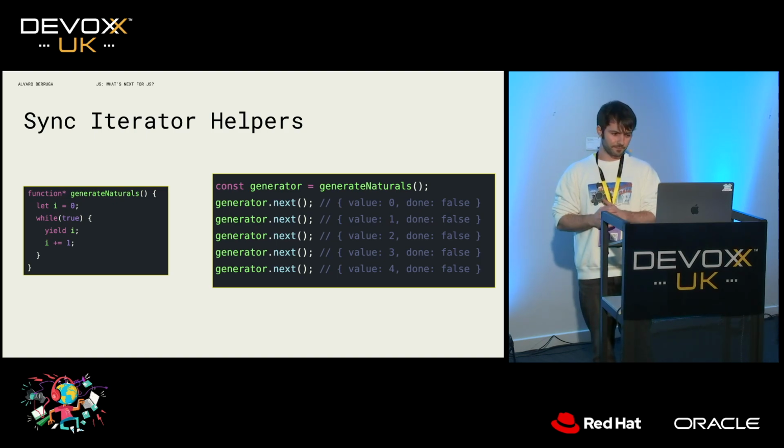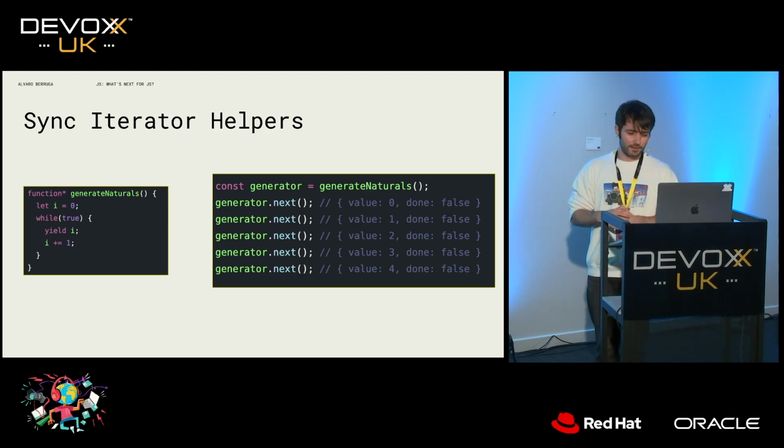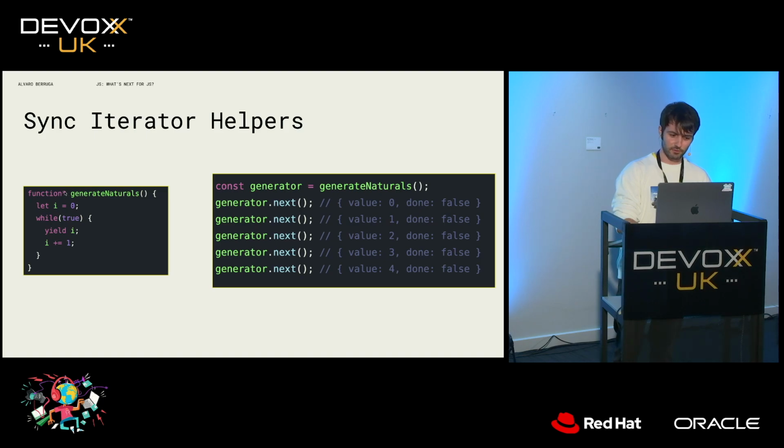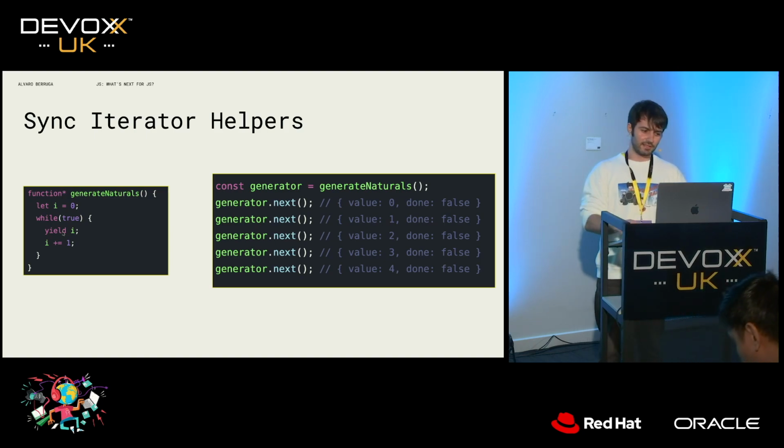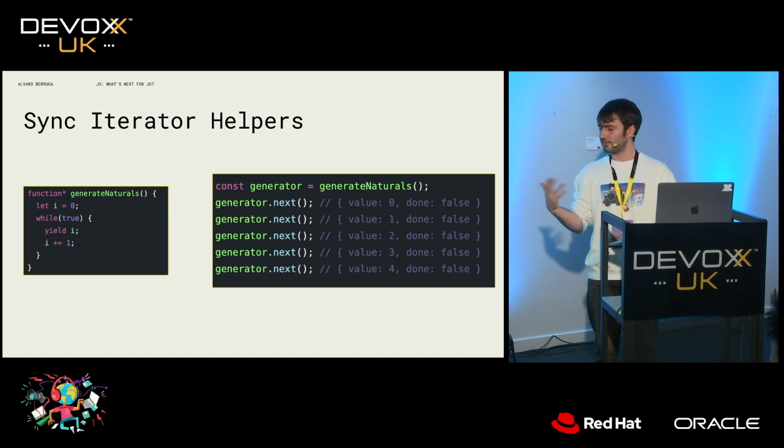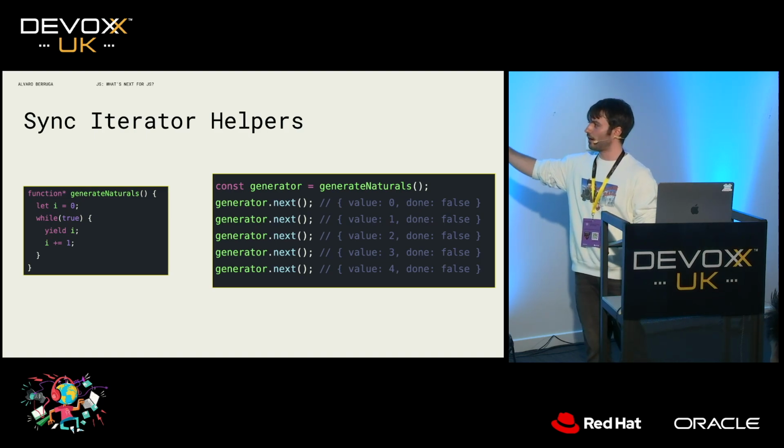The syntax is, as you see on the left, you define that it's a generator by this asterisk here, and then instead of returning, you yield new values. So this generate natural generator gives me 0, 1, 2, 3, 4, 5 every time I call it. And then you can see how it's used here.